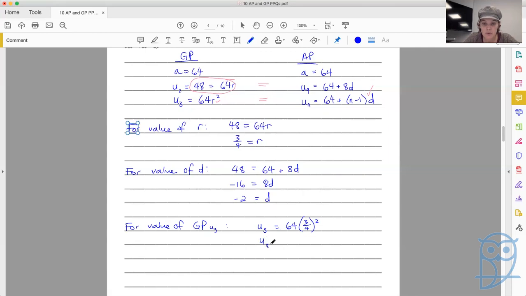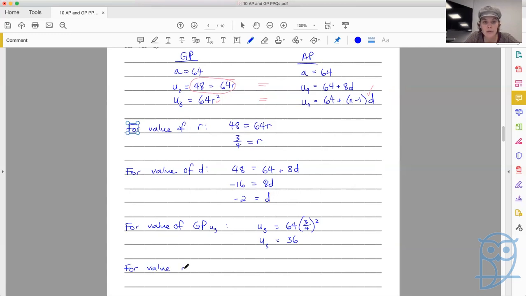So U3 equals 64 times 3 squared is 9 over 4 squared is 16. Gives us 36. And you see the beautiful numbers we're working with. It's nice and simple. Now we have everything we need, because now we have a value to equate our big pink equation to, and we need to calculate n, and we have d.